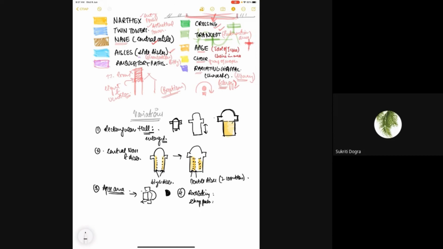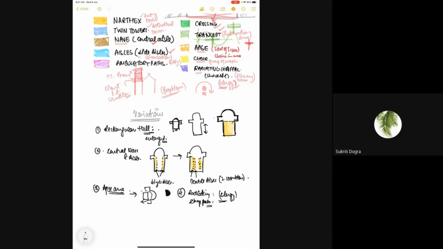And I already discussed the function of the radiating chapels. These were meant for the people of clergy. Official or administrative works were done here. Fine. So these were the basic variations that the church had.